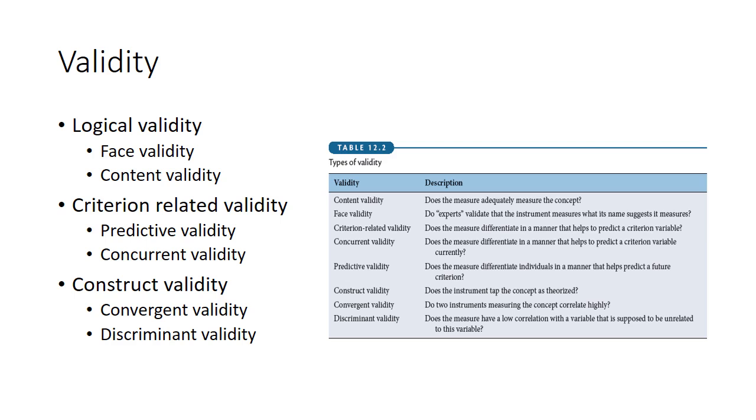It is the dependent variable, okay, which we have already learned. The criterion word you have already seen in chapter number 5, that was the theoretical framework. Predictive validity, does the measure differentiate individuals in a manner that helps predict a future criterion. So this is all theoretical, you won't be applying anything for that.